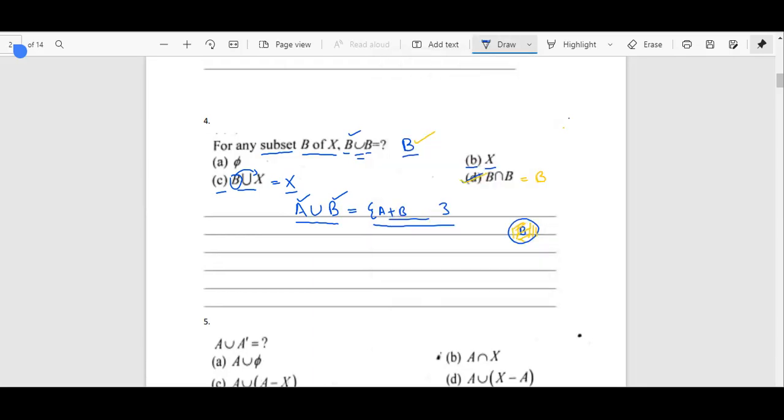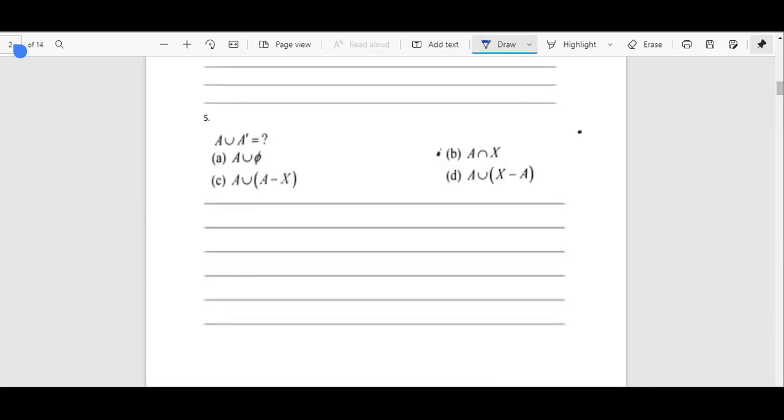Now let's talk about the fifth question. Okay, now the fifth question says A union A complement. Okay, A complement, right? So basically A complement is going to have the elements of the universal set excluding A, right?